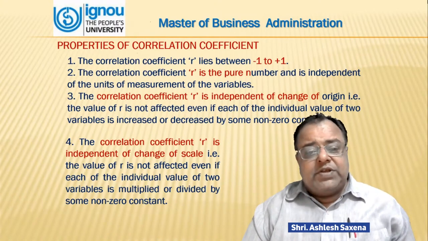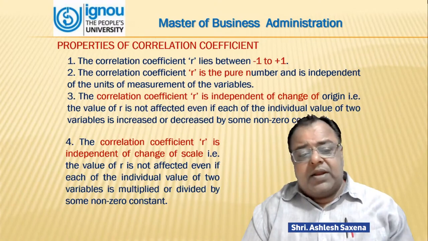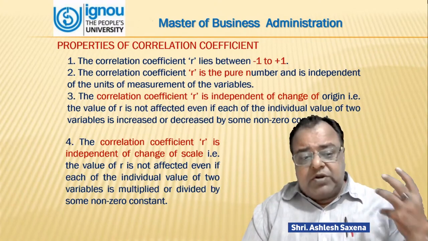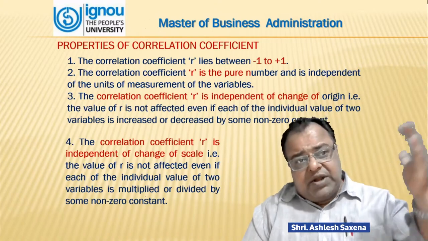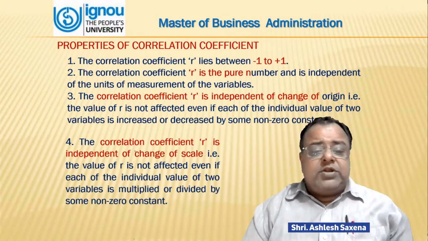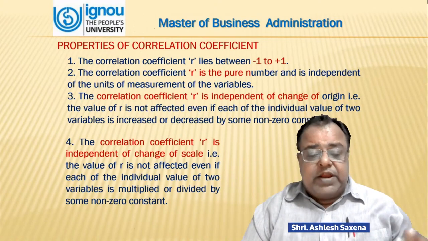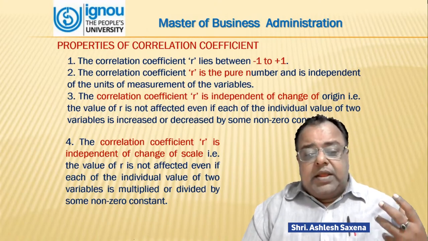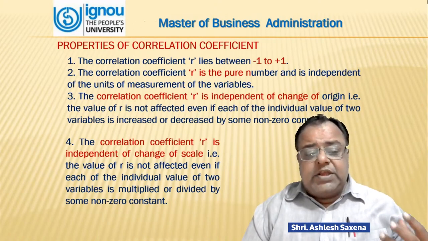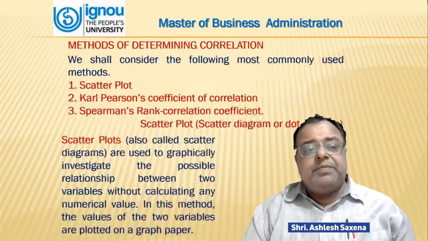R is independent of change of origin, that is, the value of R is not affected even if each of the individual values of the two variables is increased or decreased by some non-zero constant. R is also independent of change of scale, that is, the value of R is not affected even if each of the individual values of the two variables is multiplied or divided by some non-zero constant.